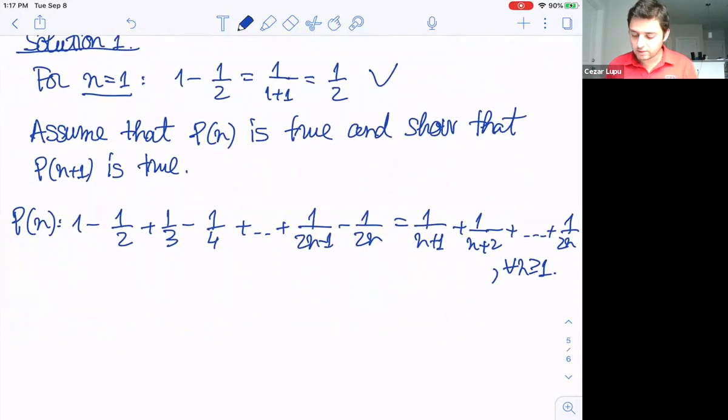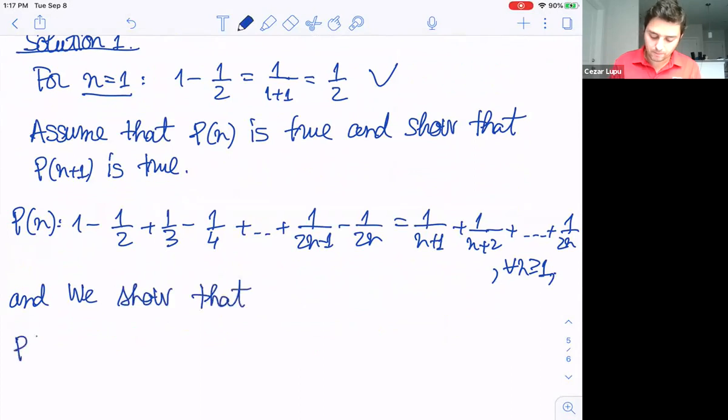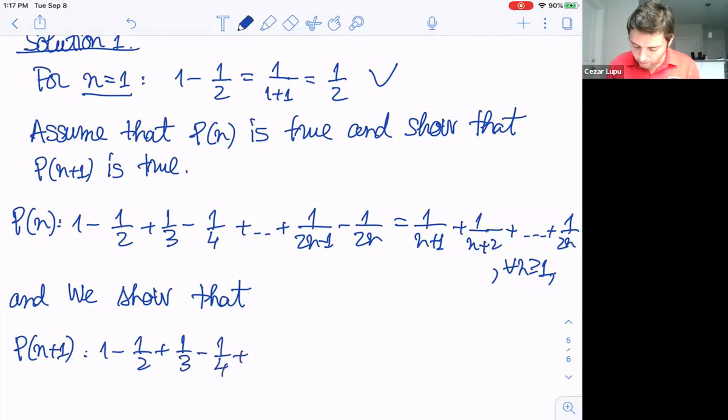We assume this, and we show that P of n plus 1 is true. For P of n plus 1, I want you to be very, very careful here, right? Who P of n plus 1 is. So again, 1 minus 1/2 plus 1/3 minus 1/4, and I'm going all the way, let's write these terms here, 2n minus 1 minus 1 over 2n. And now let's see, plus.